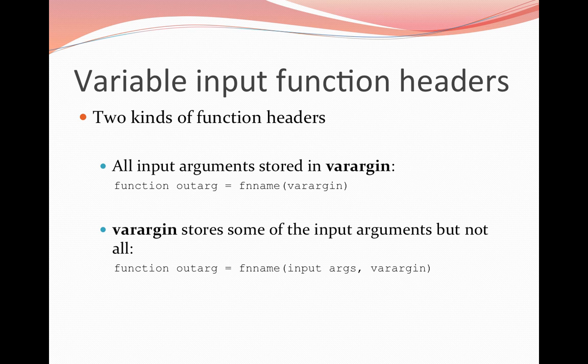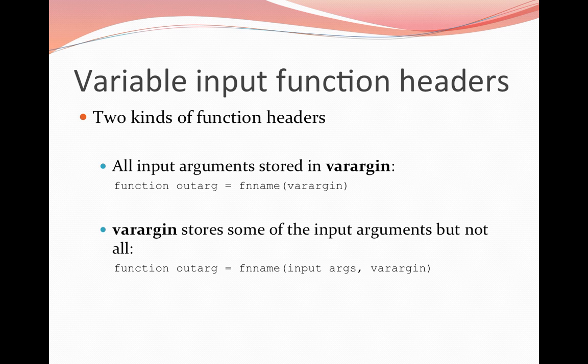So there are two different kinds of function headers that you could have when you have a variable number of input arguments. You can put all of the input arguments in the built-in cell array called var_argin. So let's presume, for example, that we have a function, the generic name is function name. We're going to have one output argument from the function, and we don't know how many input arguments we're going to pass to the function.